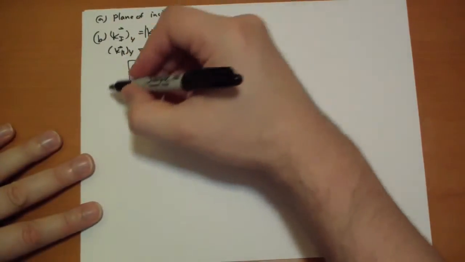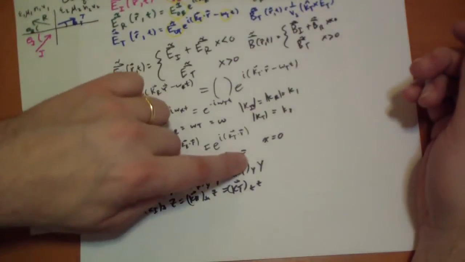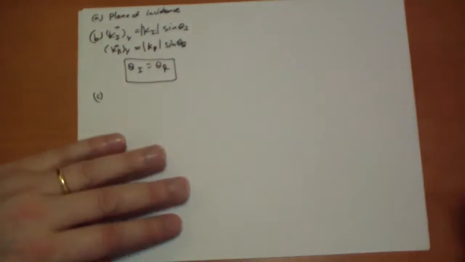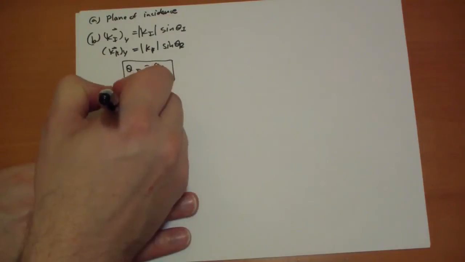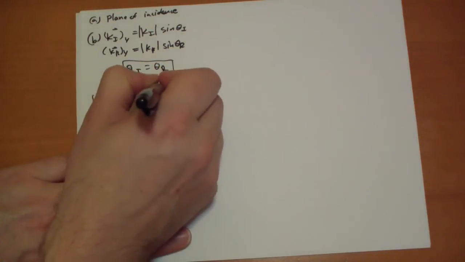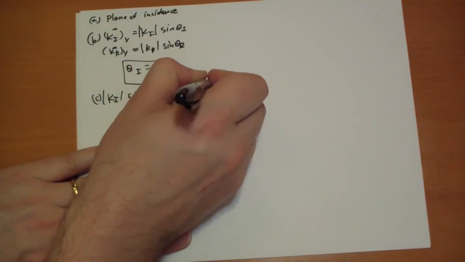And the third conclusion we can draw, C, has to do with how the incident y component relates to the transmitted y component. So let's write that out. We have kappa I sine theta I has to equal kappa t sine theta t.